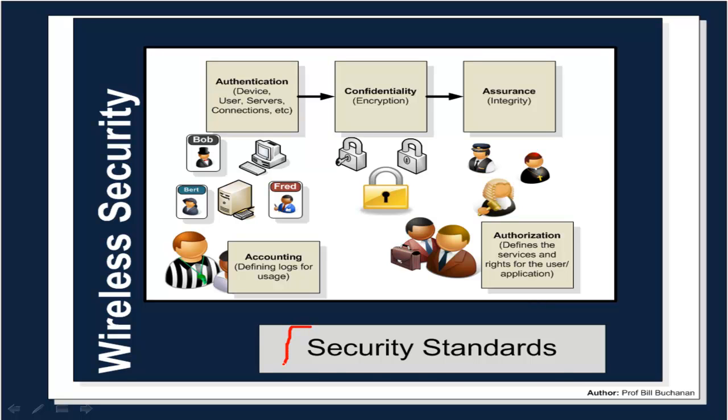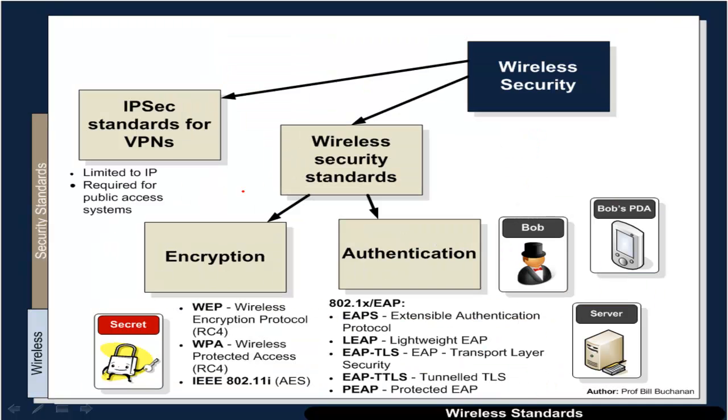One of the main areas of confusion in wireless is around the basic security standards. It probably has more acronyms than many other technologies, with WEP, WPA, 11i, 1X, and so on. So this part of the lecture will look at some of the basic security standards, understand where we've been, where we are now, and where we're going.